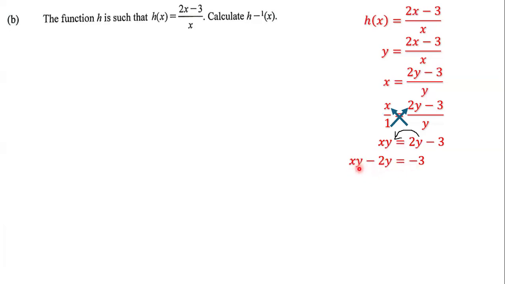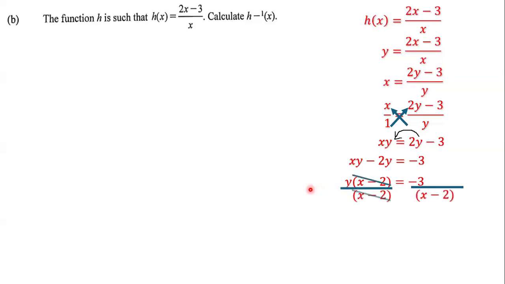We notice that y is common in both terms, so we're going to factor out the y. So y times x is still xy, and y times negative 2 is negative 2y. So we factored out the y. Remember, our goal is to solve for y, so we're going to divide both sides of this equation by x minus 2.